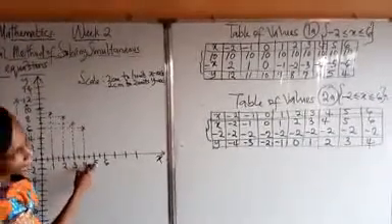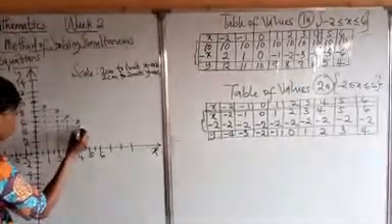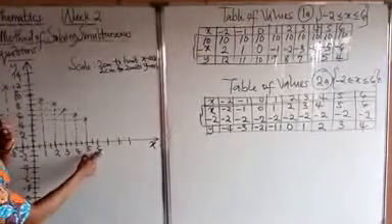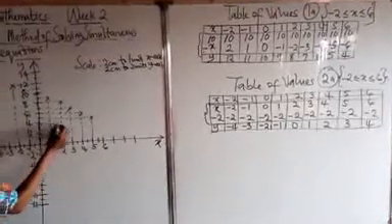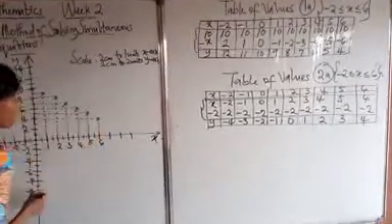When x is 5, y is 5, between 6 and 4. When x is 6, y is 4. So this is my table 1.